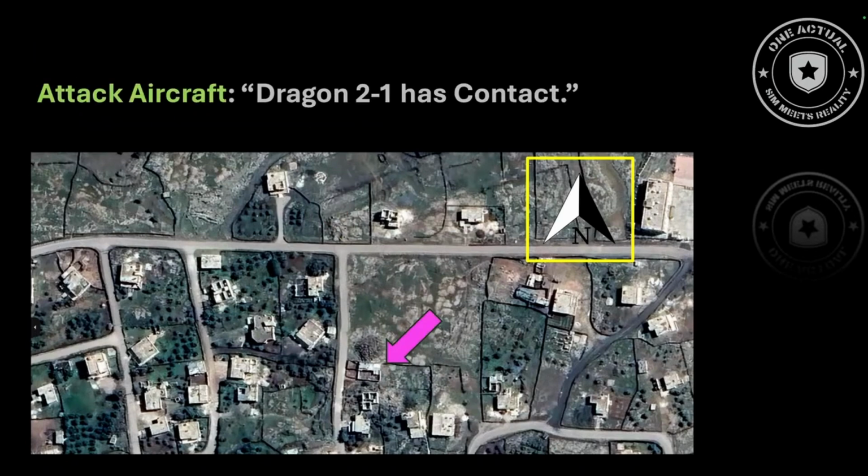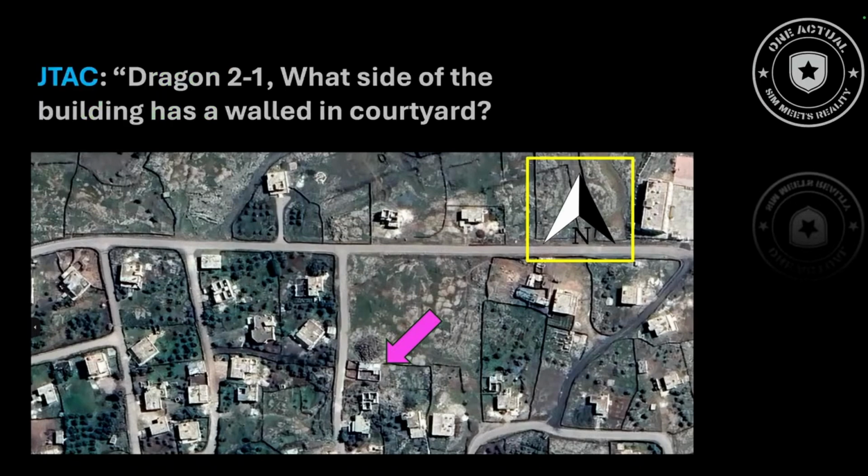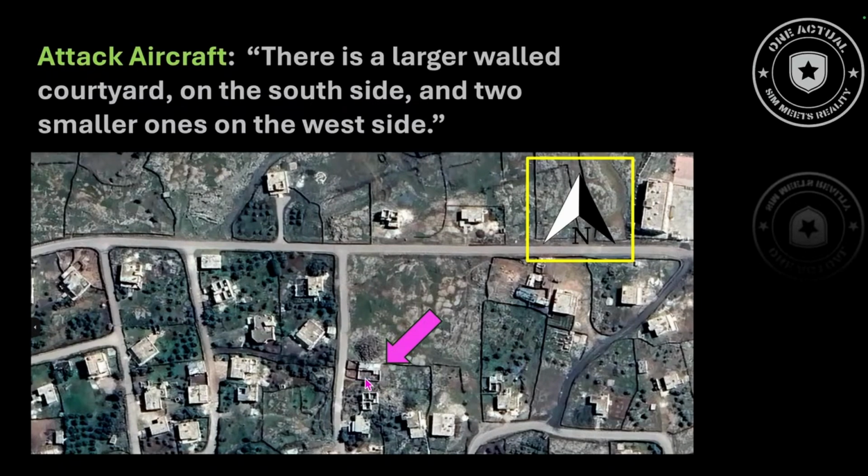Then Dragon 2-1 has contact on that building. Dragon 2-1, what side of the building has a walled-in courtyard? So as you can see here, he's taking a look, and he can see on the south side there is a large one. And then on the west side, there are two smaller ones, at least from what it appears to be to him.